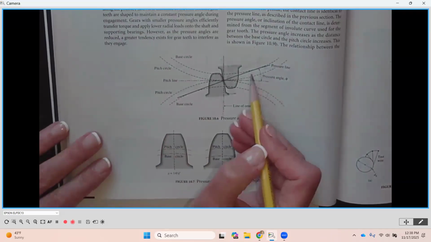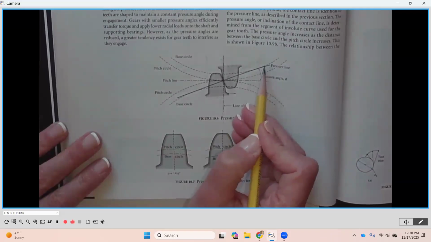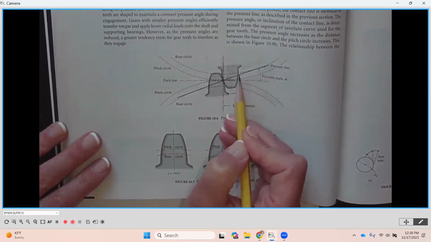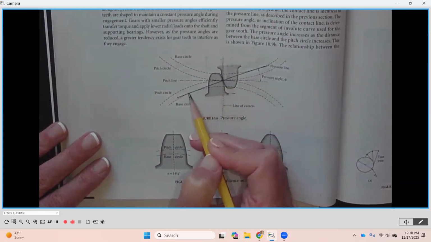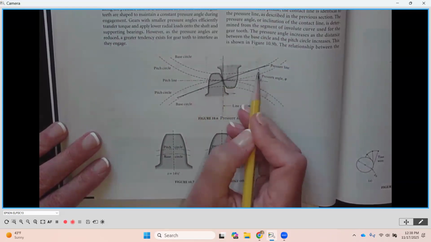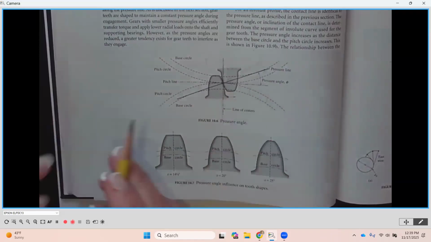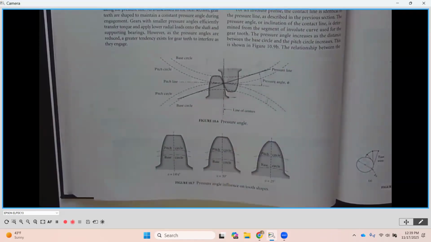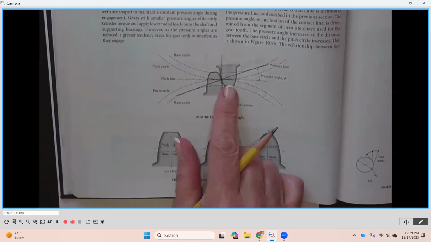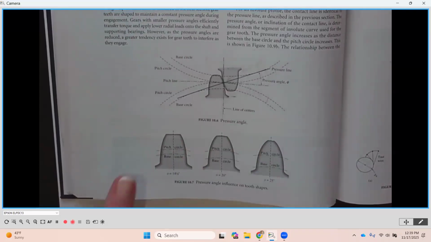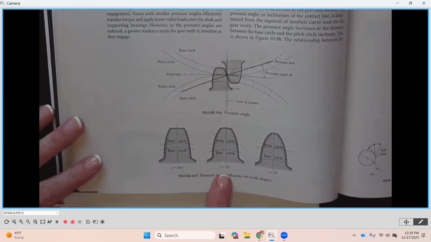If we take a line from one base circle tangent through the pitch diameter point where they engage, and then tangent to the bottom base circle, the angle that line makes to horizontal is called the pressure angle. Not only do gear teeth have to be the same diametral pitch, same size tooth, they also have to have the same pressure angle.